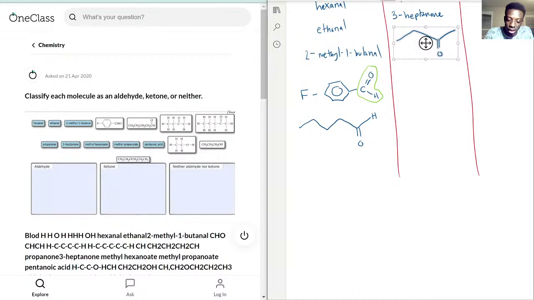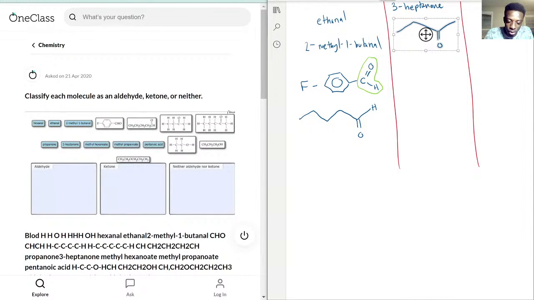All right, and then if we did the same thing, that one looks like 1, 2, 3, 4, 5 carbons. So what I usually do is draw, quote unquote, 4 lines out of it, because this is 1, 2, 3, 4, 5. This is just how I'm drawing my carbons. And we see that the oxygen is on the 4th carbon, so something like here, and that one is also going to be a ketone.